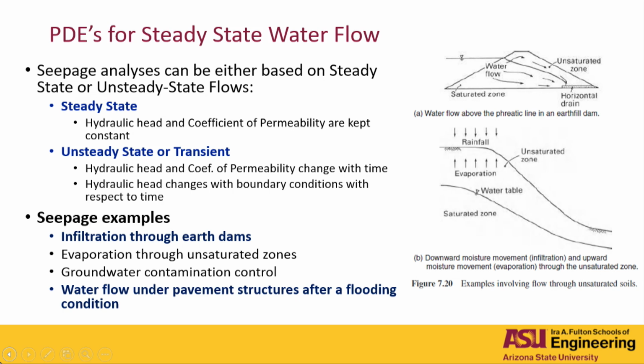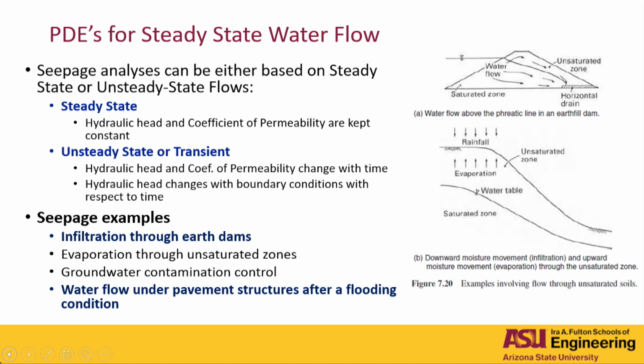That's what is called transient, it's just time. And the hydraulic head changes with the boundary conditions with respect to time. What that means is that if you have a problem where environmental conditions change continuously, you're always going to have a transient flow condition in your problem.